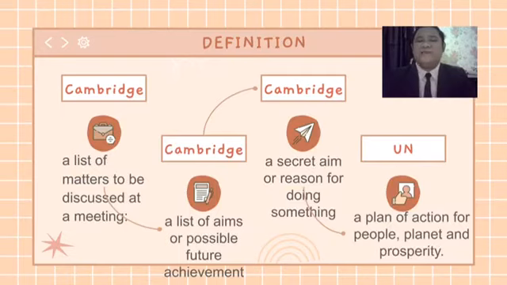It is defined as a plan of action for people, planet, and prosperity. It also seeks to strengthen universal peace in larger freedom.